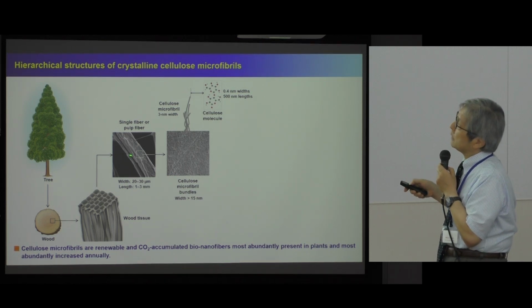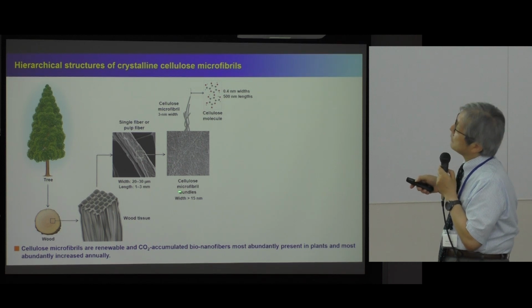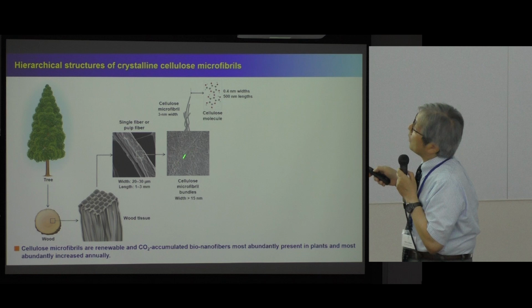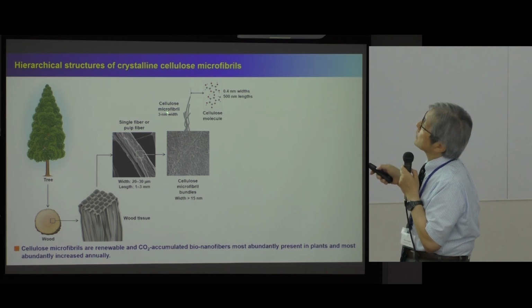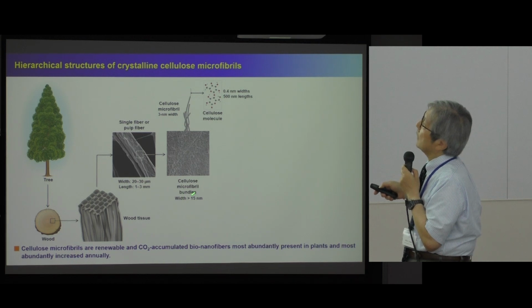And when you look at the surface of fibers at a more magnified level, you can see other fibers called cellulose microfibers. The width is around 3 nanometers, and these are bundles.